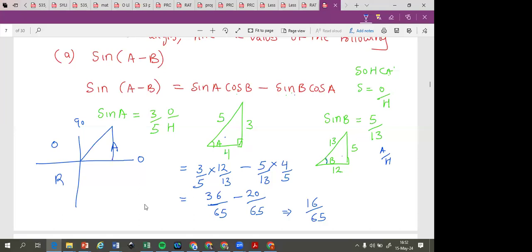If they had said that angles A and B are obtuse, then we would have drawn our triangle in this quadrant. In case they said that they are obtuse or reflex, then we would have drawn either here or here. So always you need to know in which quadrant to draw, because those answers can vary depending on the quadrant where your angle is located.